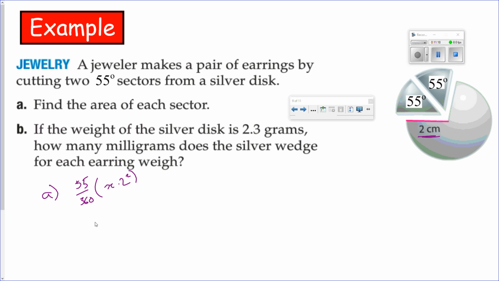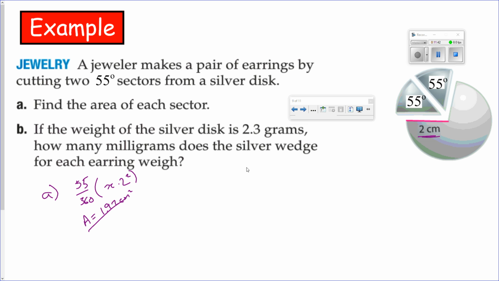So the area of each sector is equal to 1.919, so 1.92 centimeters squared. That's for each, because I did 55 degrees. I can now double that if I want the area of both, but we also could have just added the 55 degrees together and done this area of 110 degrees to find the area of both earrings.